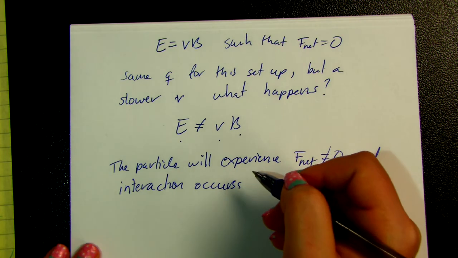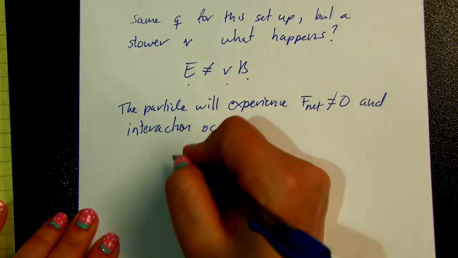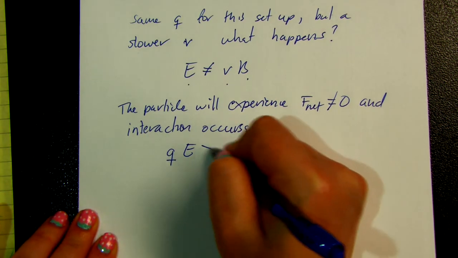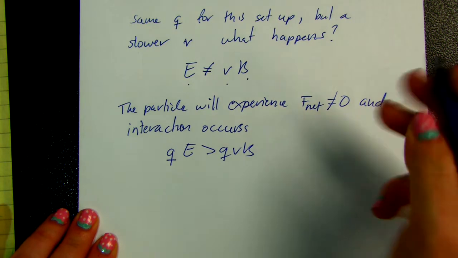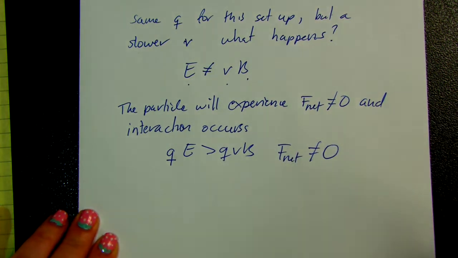So a deflected path. I can write this out more explicitly, so QE greater than QVB, F net not 0.